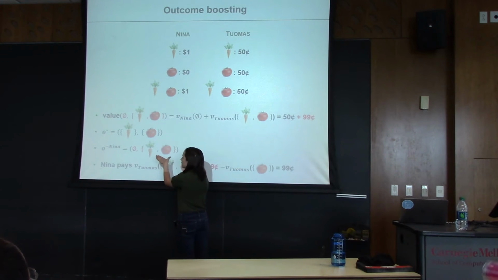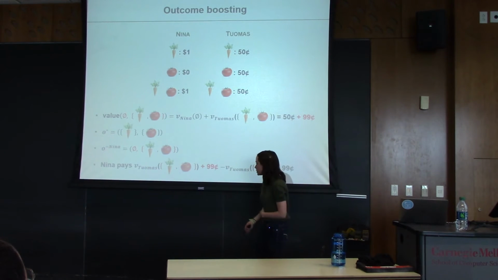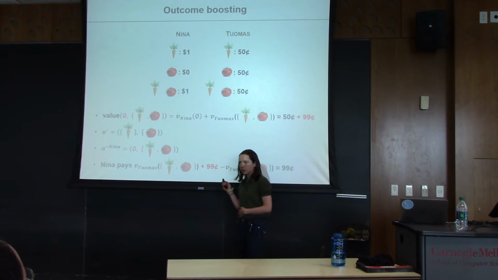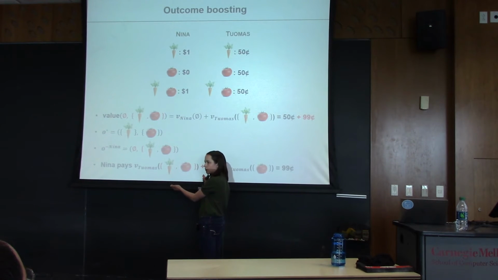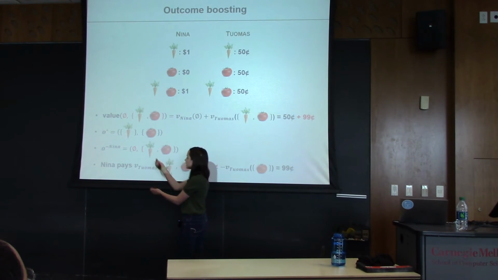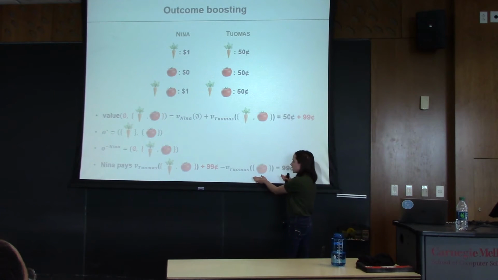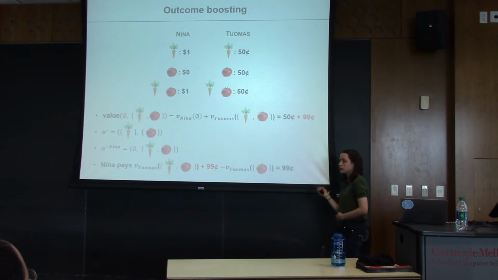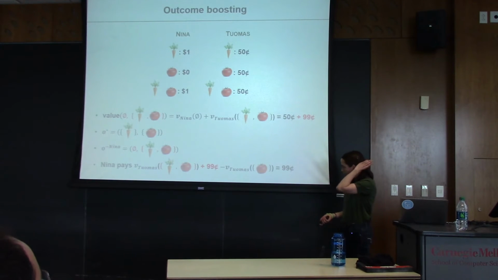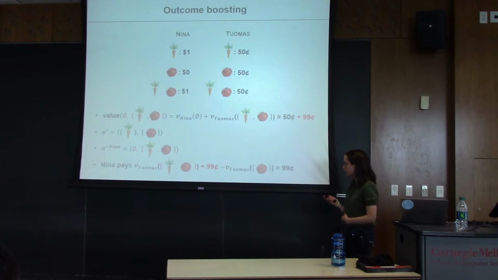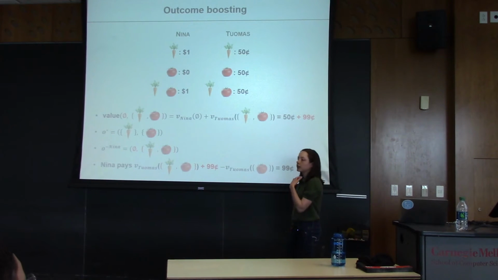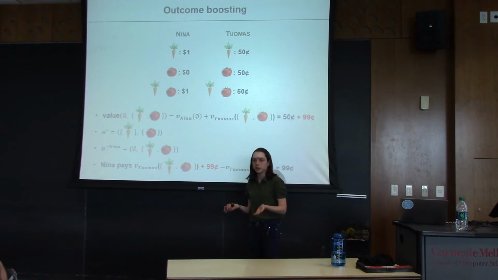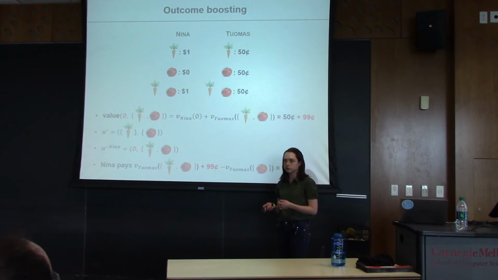We boosted the best outcome without Nina's participation, and we include that boost in the payment. So now Nina is going to pay the boosted amount that Tuomas likes this outcome, minus the amount he likes the actual outcome of the auction. So this is going to be 99 cents now. That's great for us. We've now forced Nina to pay almost as much as we could expect her to pay. And the amazing thing is that even with these boosts, the auctions remain strategy proof.